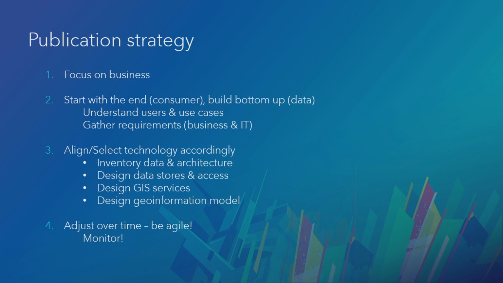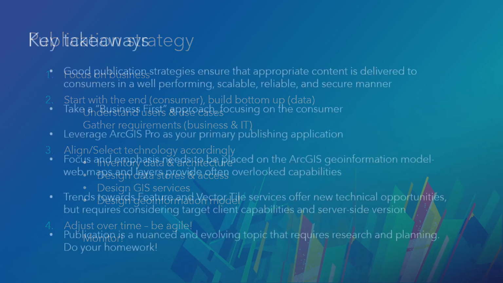Understand where your data is, how it's being stored, then how it makes sense to publish those as GIS services, and then how to make that available through the geoinformation model using layers, web maps, and scenes. And again, be agile. The technology is changing rapidly in this area, as are the demands of users. So always constantly be reevaluating how you have your data published.